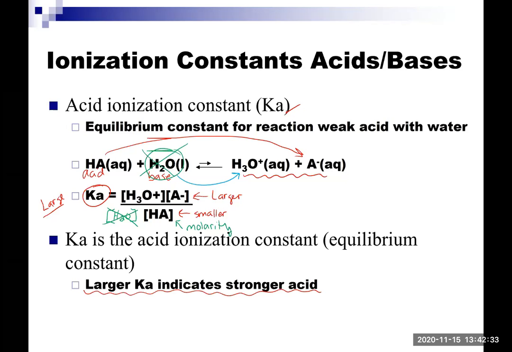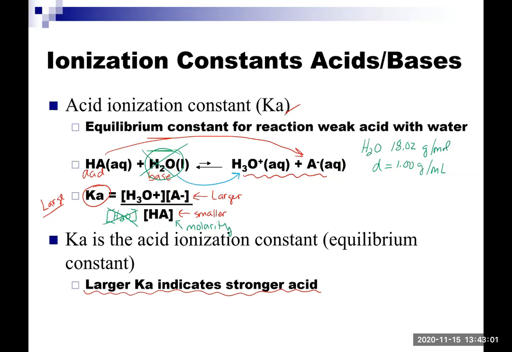Water, as you know, has a molar mass of 18.02 grams per mole. And at room temp, water has a density that's equal to 1.00 grams per mL. Now let's think about this.